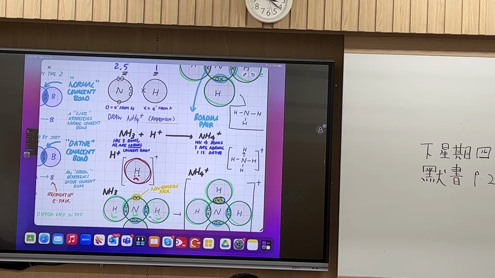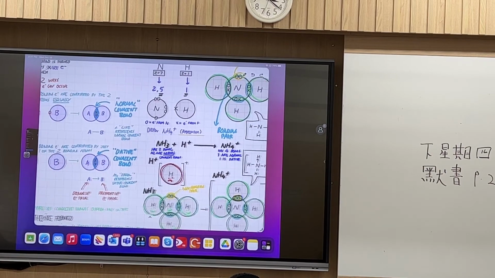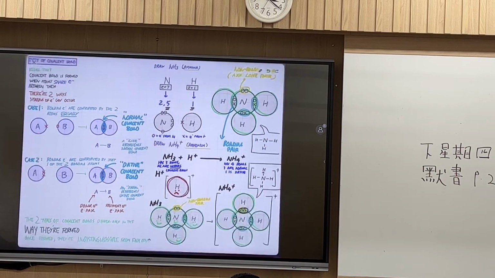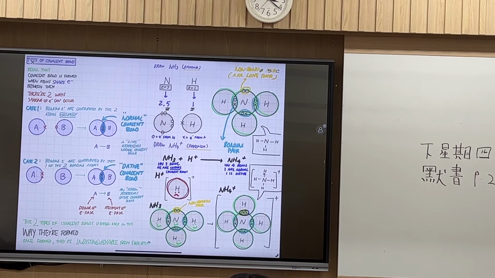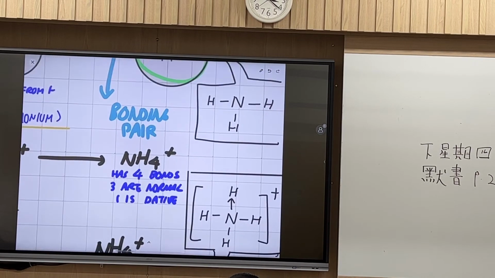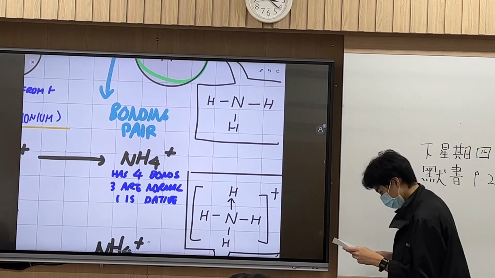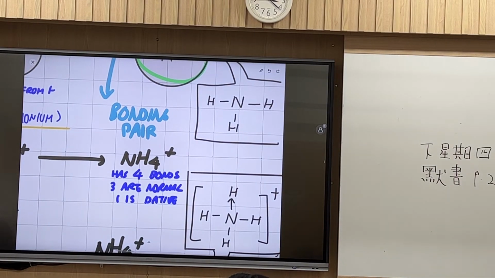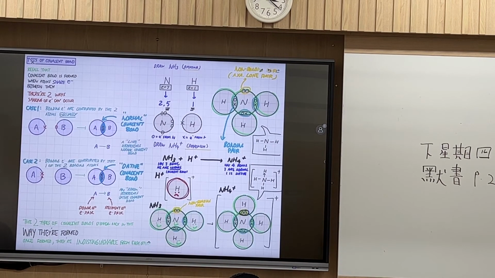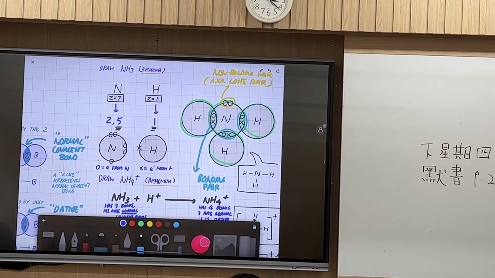Yeah, you have to make sure. 4 bonds. 3 are normal, 1 is dative. And then we can move on to the next part.